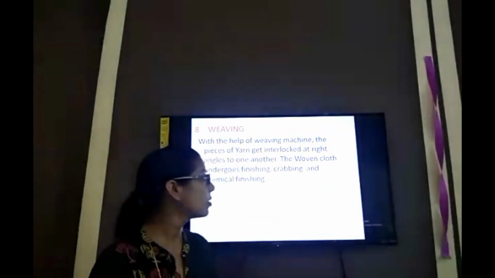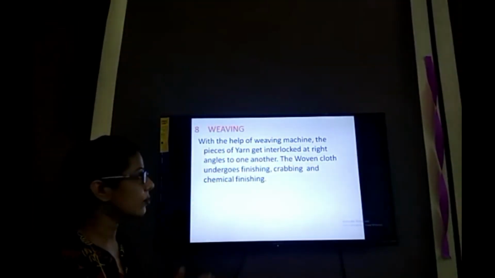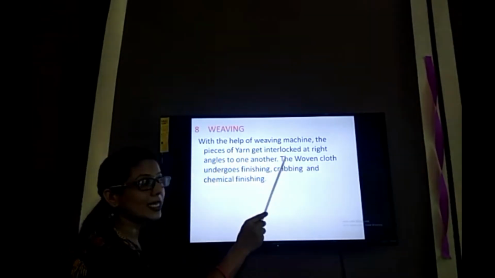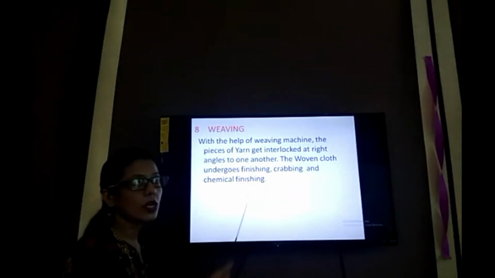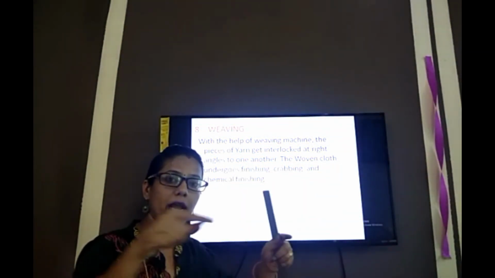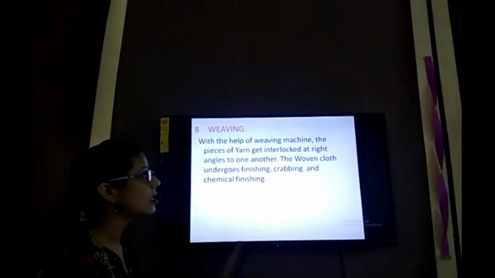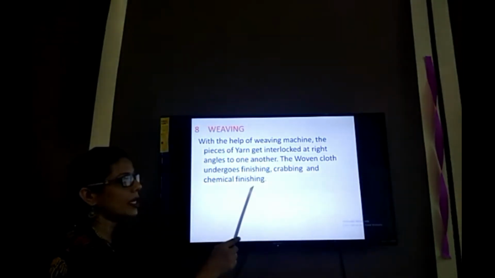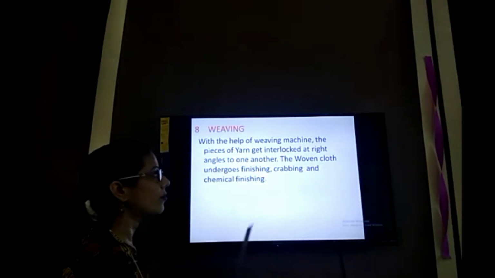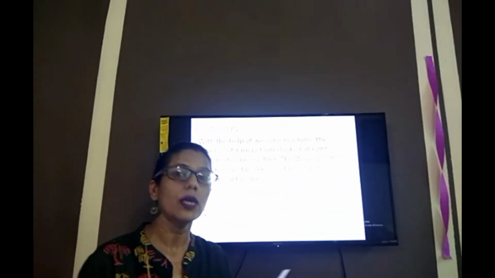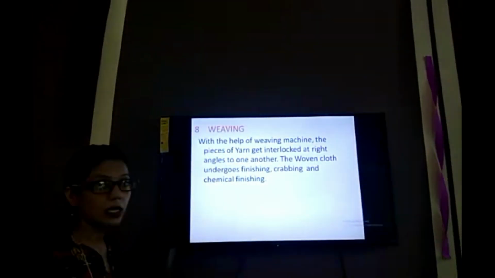Now we are obtaining the fabric from the wool fibers we obtained from the hairy skin. So two or more yarns get interlocked at right angles to one another. The woven cloth undergoes finishing, crabbing and chemical finishing. It means the cloth is completely crabbed and chemically finished.